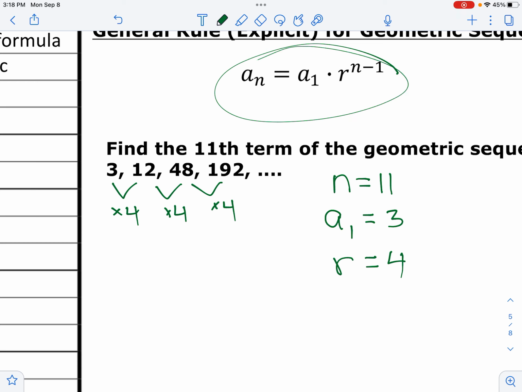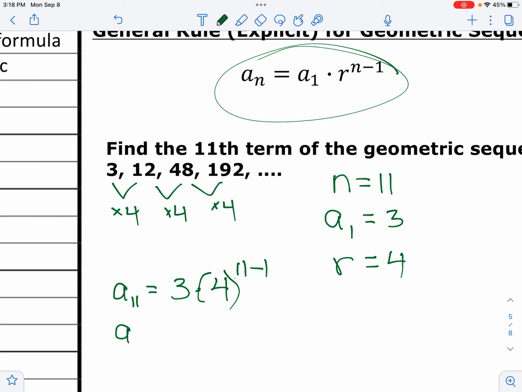Okay, so let's do that. A sub 11 is equal to the first term, which is 3, times common ratio 4. Some people like to put this in parentheses if that's better for you. Now, when we have n minus 1 here at the top, 11 is my n, so n minus 1 is 10.